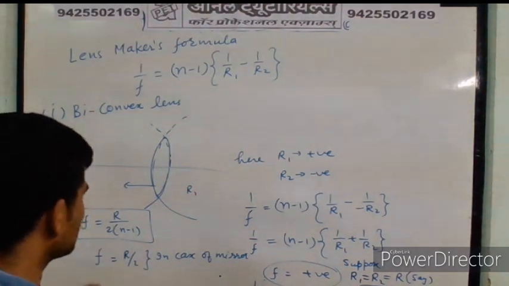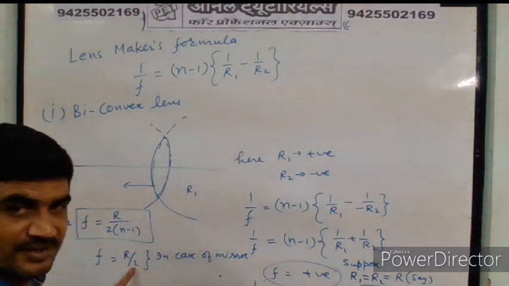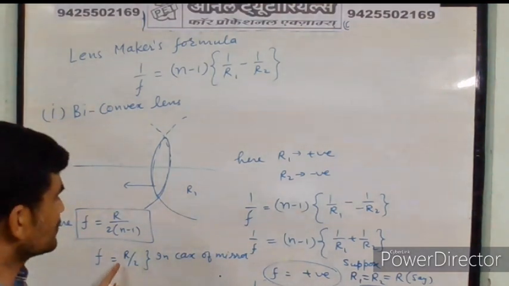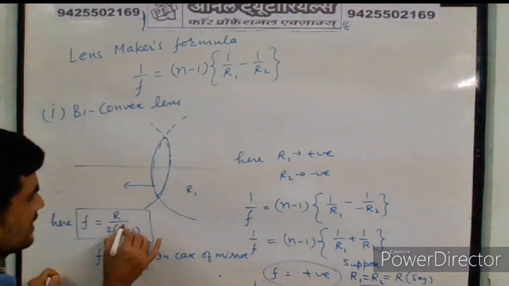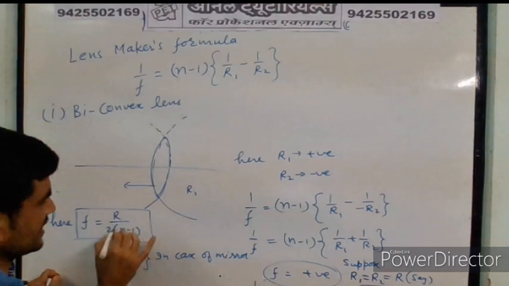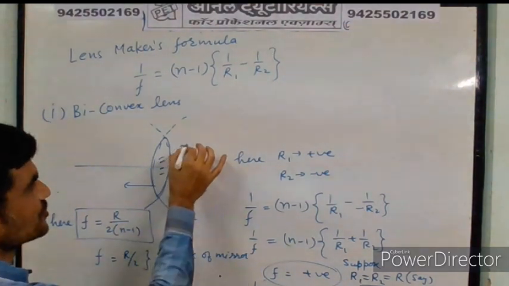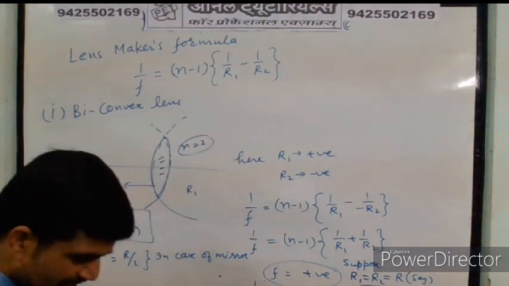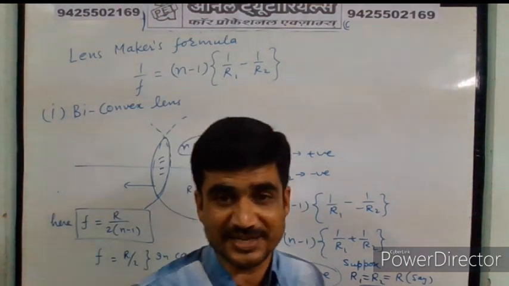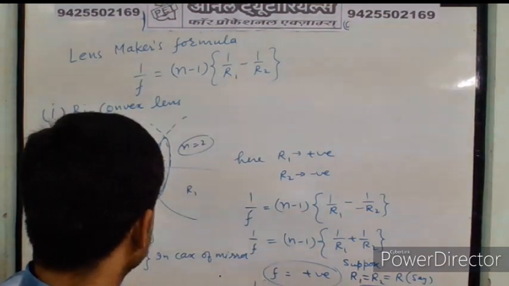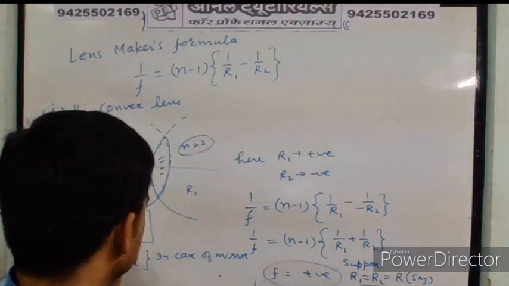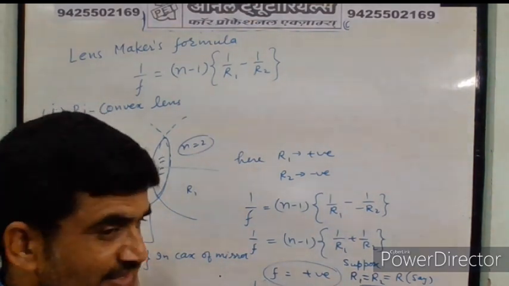If you want f to be equal to R/2, then n, the refractive index of the material, should be 2. It means you have to take a very high quality glass, then only you will get the focal length equal to R/2, because 2 minus 1 becomes 1 there.